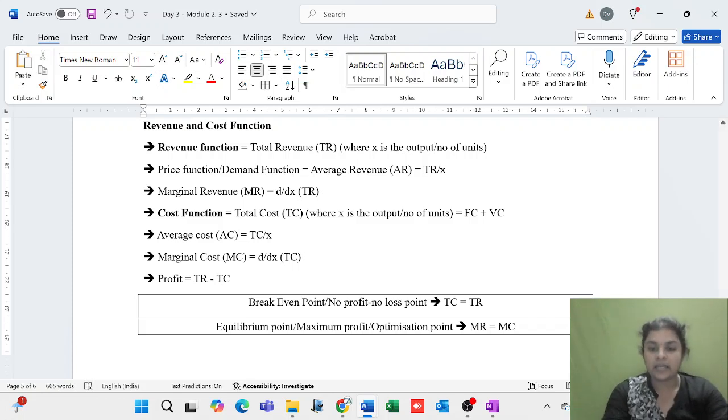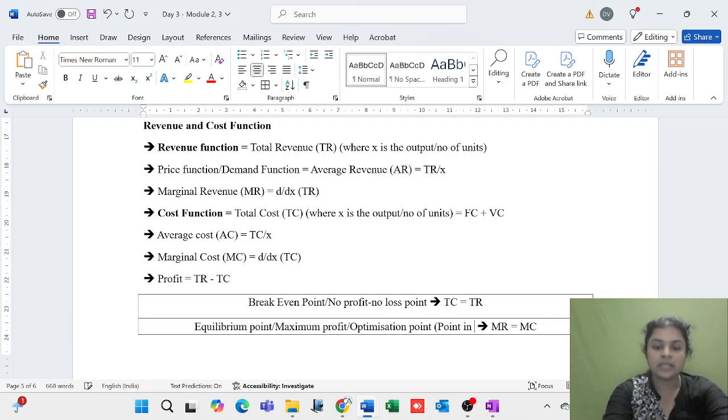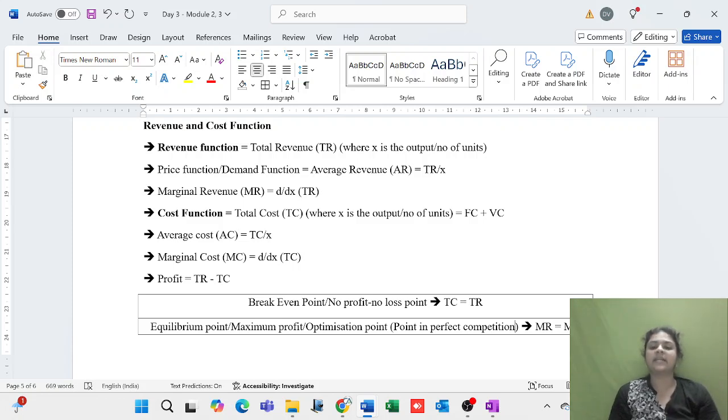In the exam they can even say the point in perfect competition. In a perfect competition, it is always assumed that it is an equilibrium point. So they can even give this word as a hint. In all these words, remember that it refers to the equilibrium point.